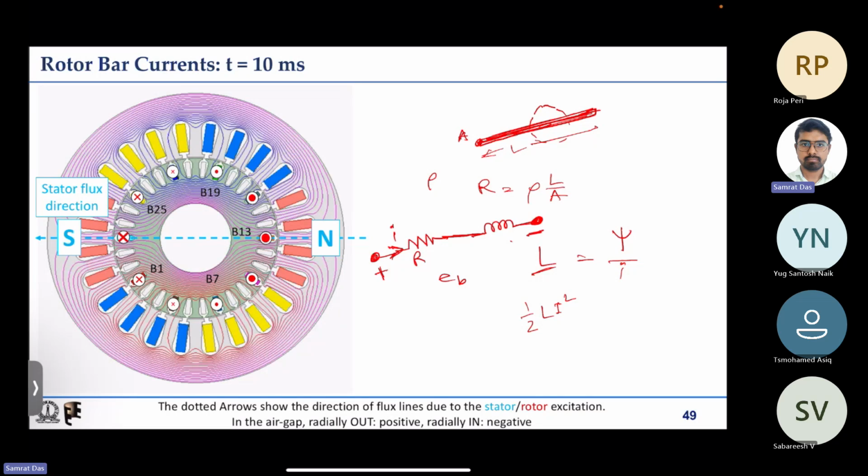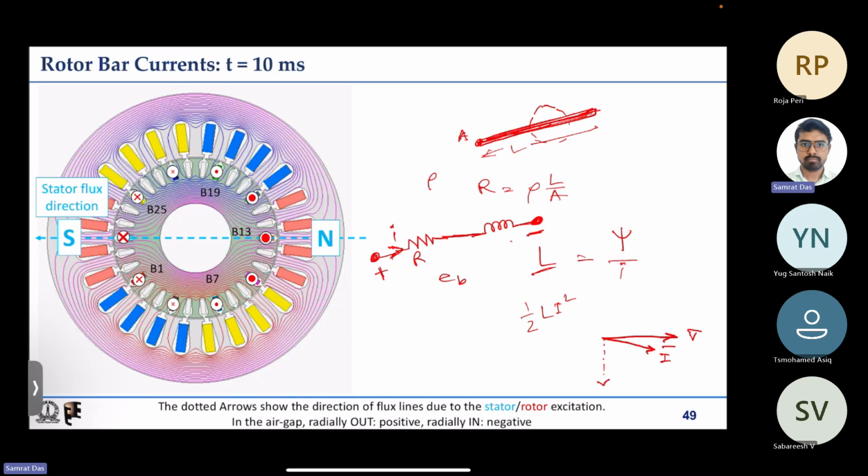Now, what will be the current if it is an RL circuit, from simple phasor? If there is some voltage, then the current will lag it by a certain angle, and the impedance will decide the amplitude. If the resistance is 0 and it is purely inductive, then the current will lag it by 90 degrees.